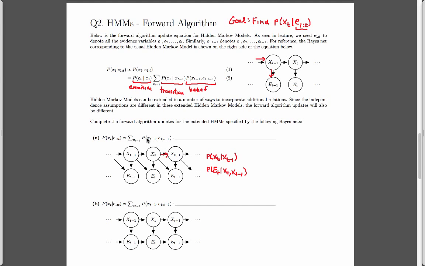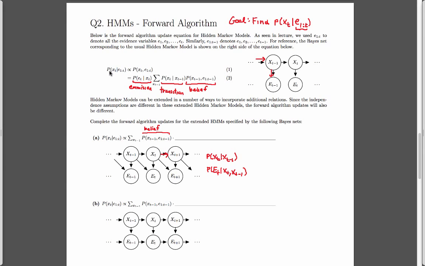So what we have right here is our belief at the previous time step, and we want to update the rest of this. Actually, before we jump into this, let's talk a little bit more about the equation up here.